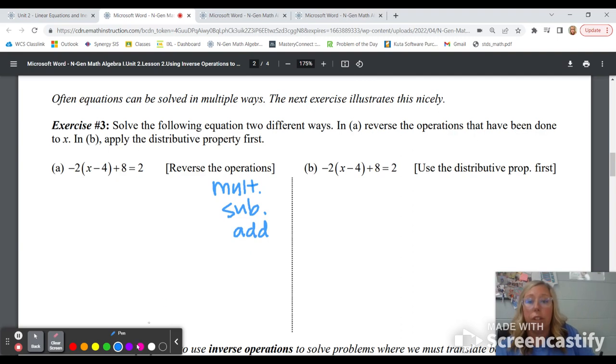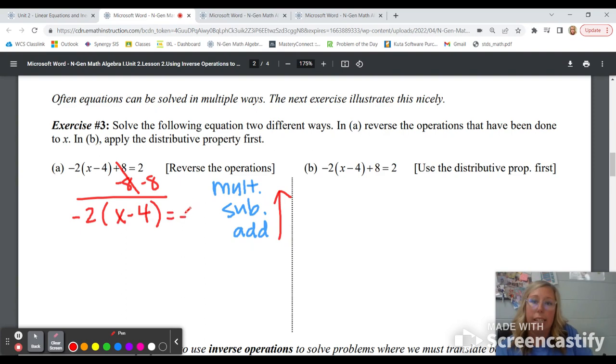We're going to go in reverse order to undo this, starting at the bottom and going up. First we have to get rid of the addition. So subtract 8. That leaves us with -2 times the quantity x minus 4 equals 2 minus 8, which is -6. We've dealt with the add.